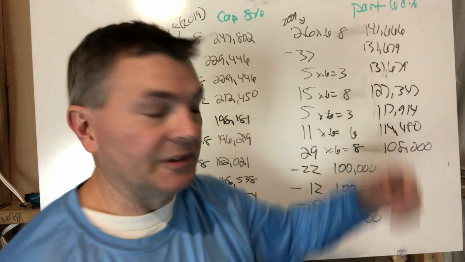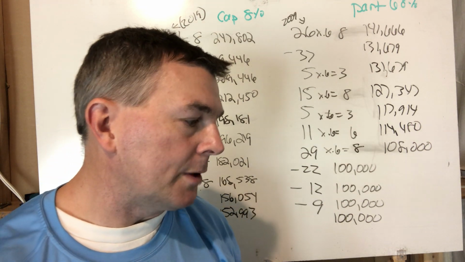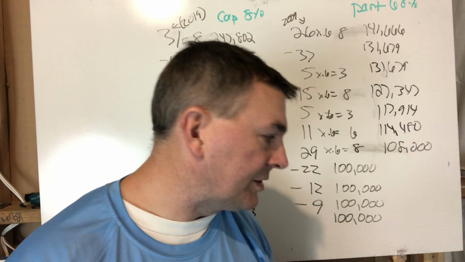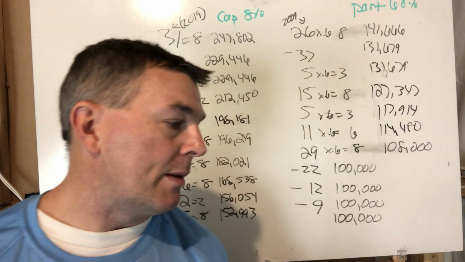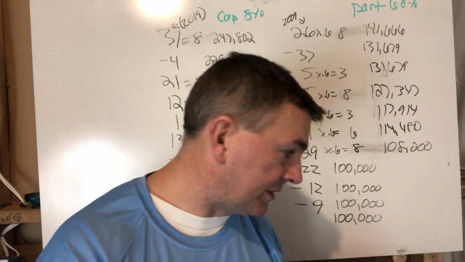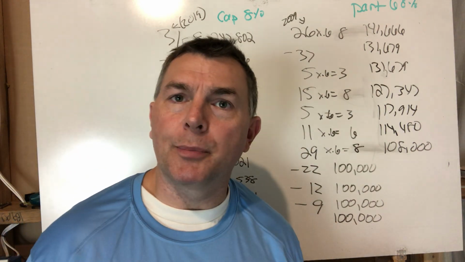Participation rate, and I'm using 60% here, is the percentage of the index's return the insurance company credits to the annuity. For example, if the market went up by 8% and you had a participation rate of 60%, or they're using 80%, a 6.4% rate of return.